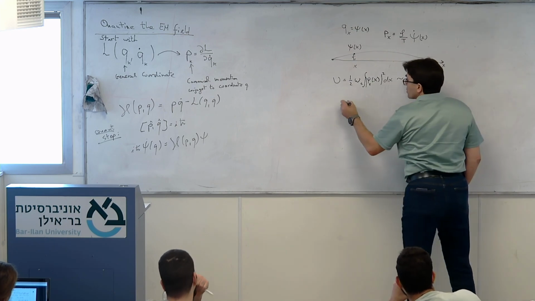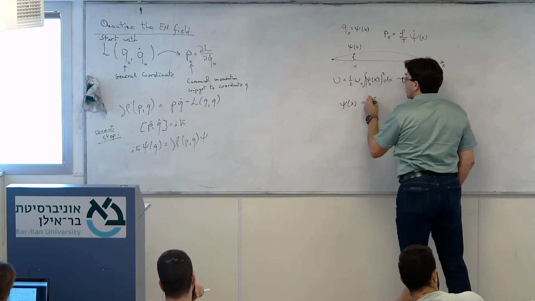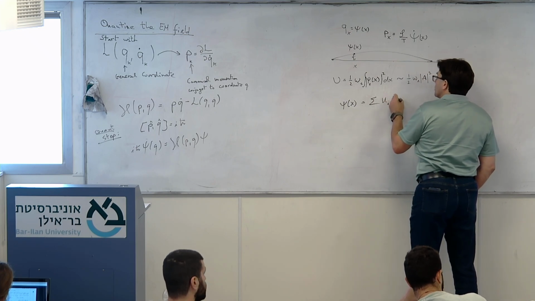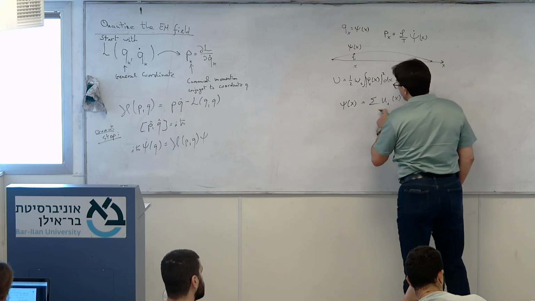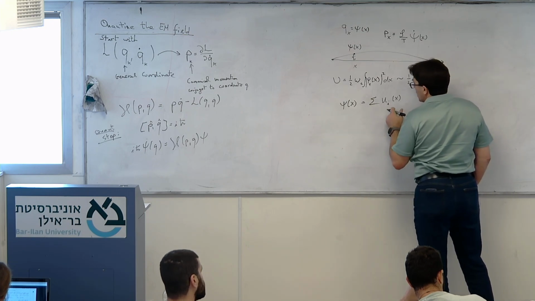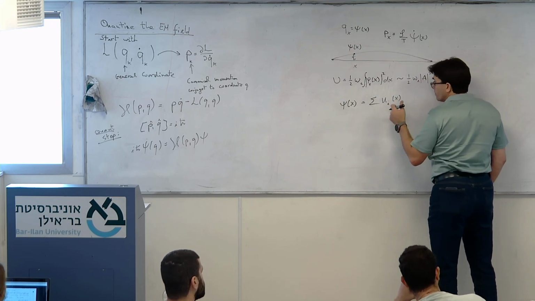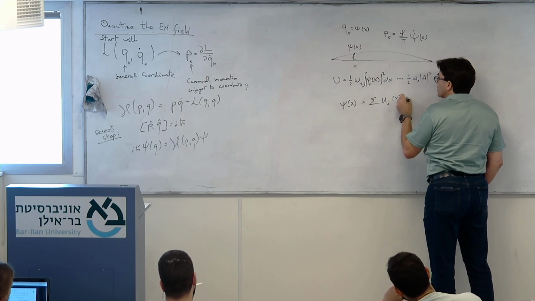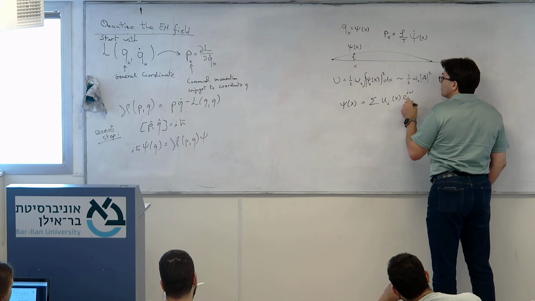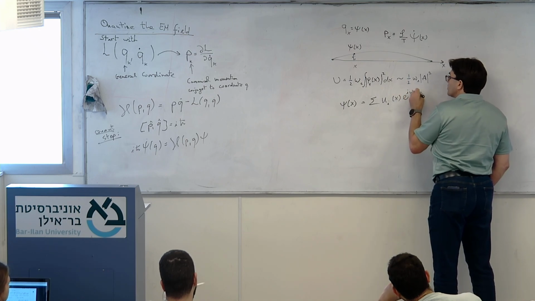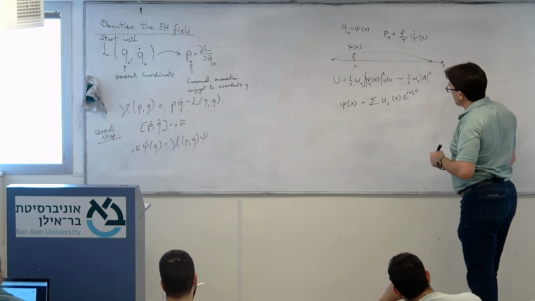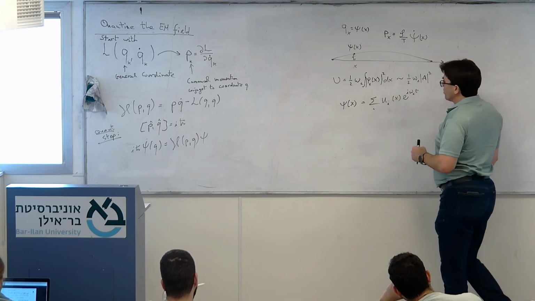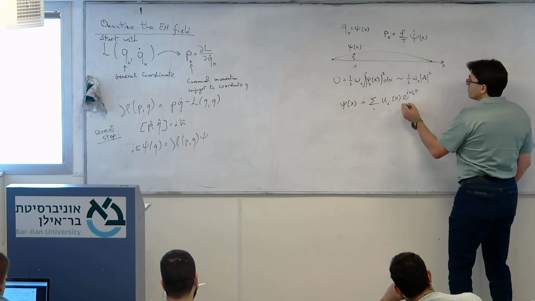We can write this psi of x as a sum of u_i of x, and those are modes, that have some e to the i omega_i t, or maybe cosine or sine, so we can say that these are modes.